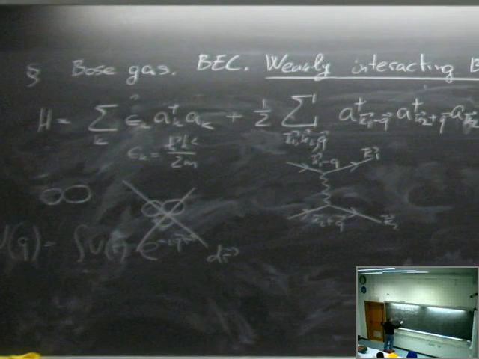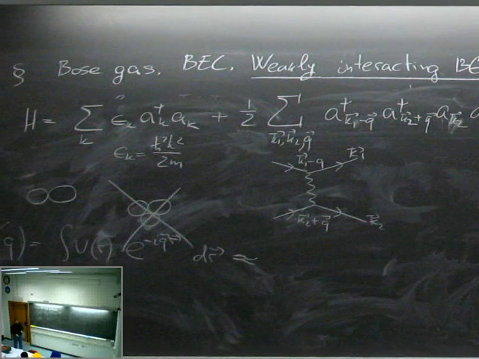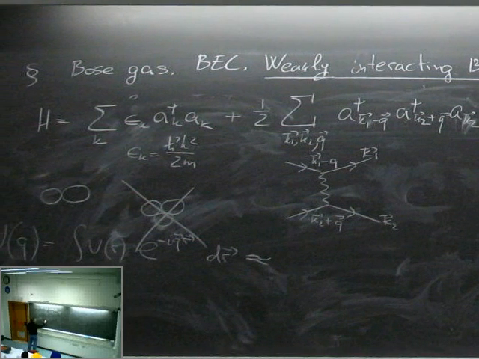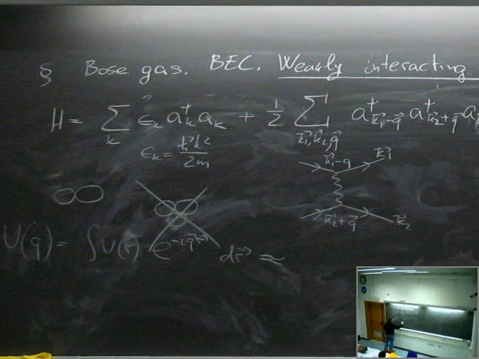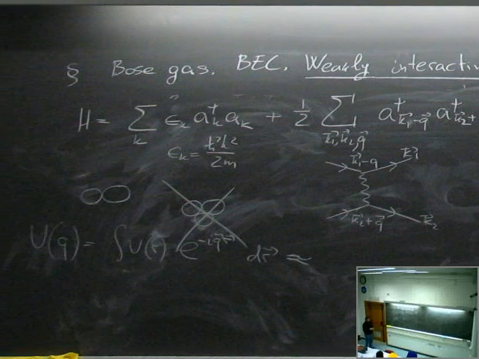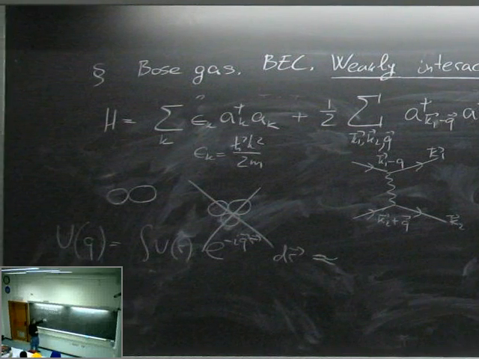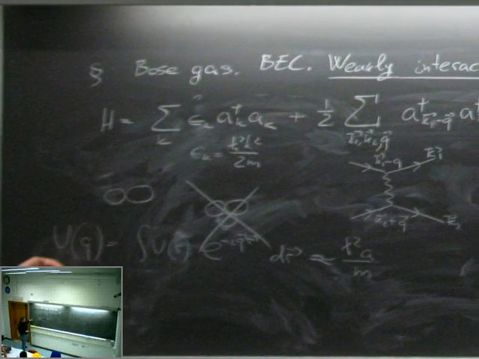Therefore, we can say that the potential is very short range and characterize it by 4π h bar squared a over m, with a scattering length a. In the approximation of weak interaction, you see the a replaces the potential.